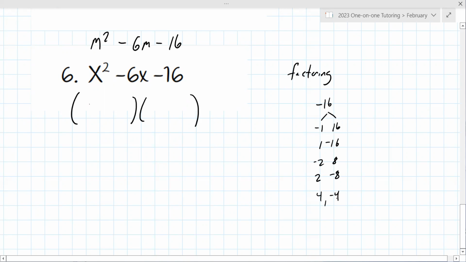Good. Do any of these add up to -6? Yes, it's -2, 8. Right. So what goes in parentheses here? So x minus 2, and x plus 8. Perfect. And that's it. You're done right there.